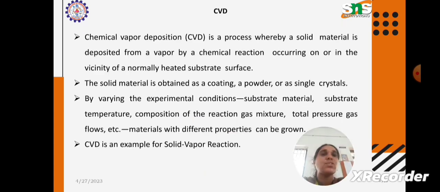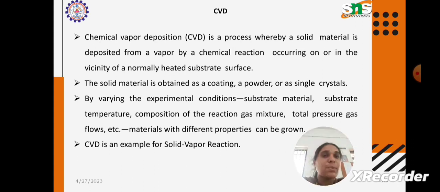Chemical vapor deposition is a process whereby a solid material is deposited from a vapor by a chemical reaction occurring on or in the vicinity of a normally heated substrate surface. Mainly the substrate should be a catalyst, such as zinc, lead, etc. The solid material is obtained as a coating, a powder, or a single crystal.